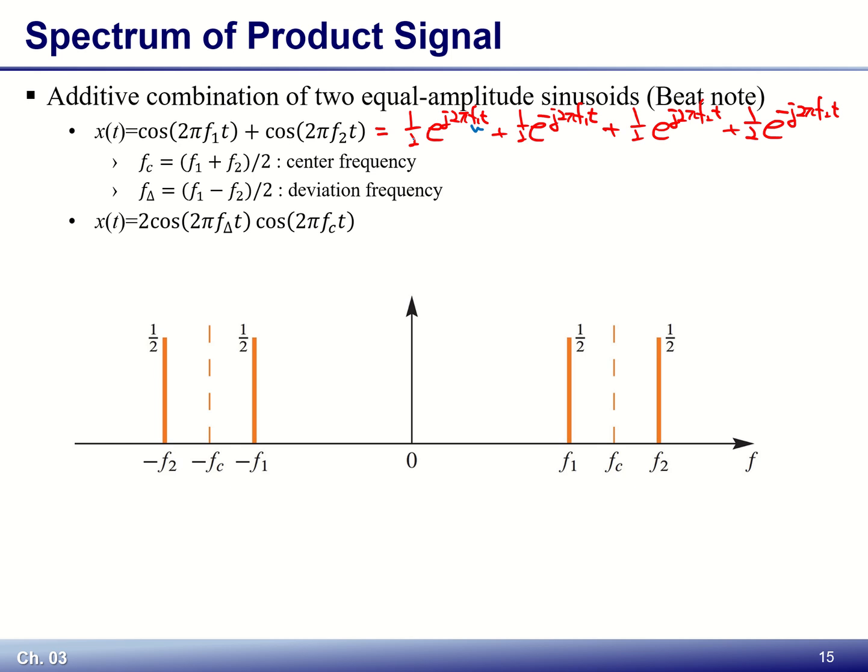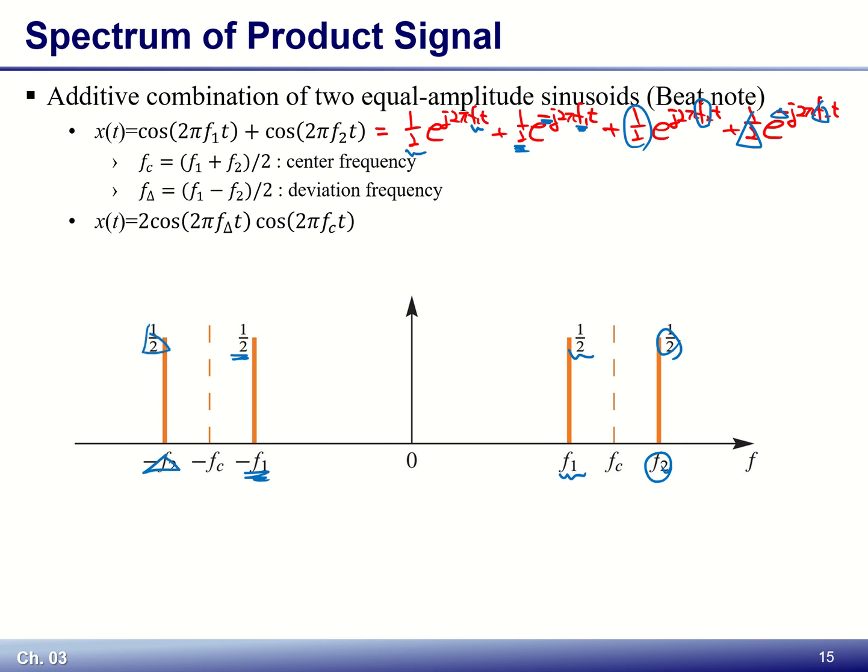F1 has amplitude of a half, and minus F1 is a half, and F2 is a half, and minus F2 also a half.